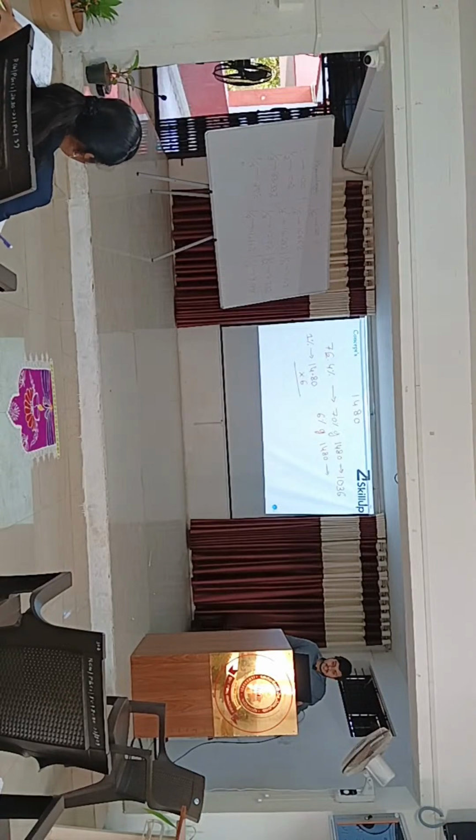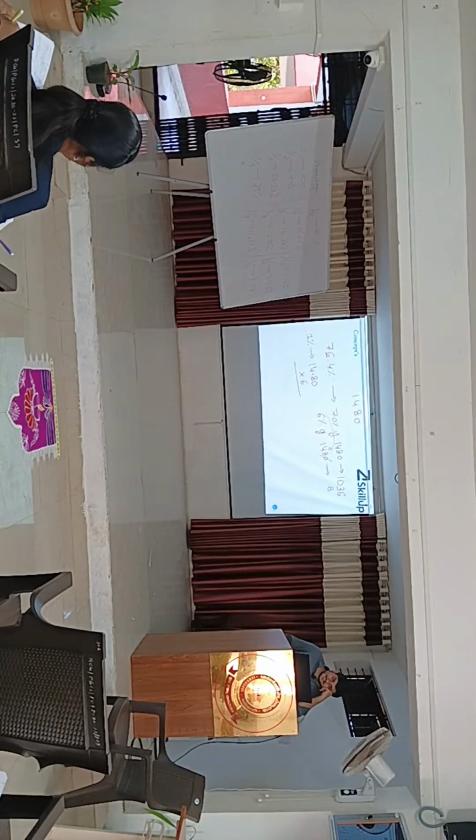Or else you can multiply directly. You can multiply directly also. Cancel the 0. 6 8s are 48. 6 4s are 24 plus 4, 28.